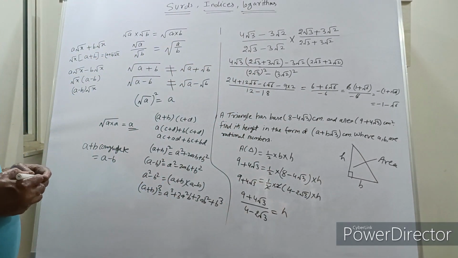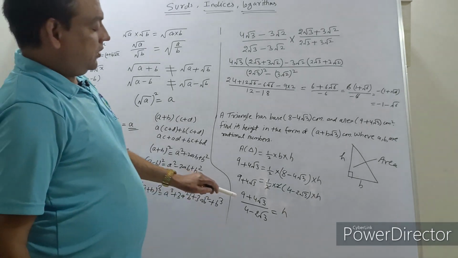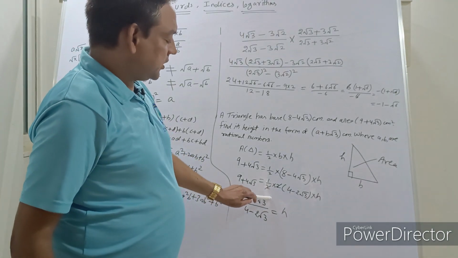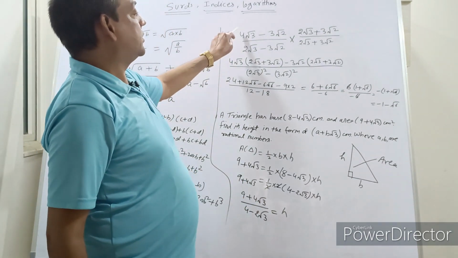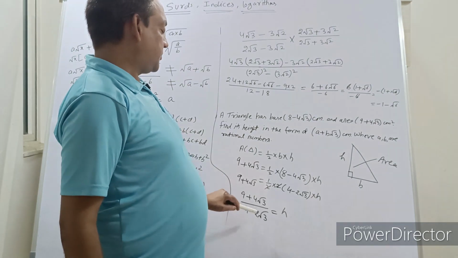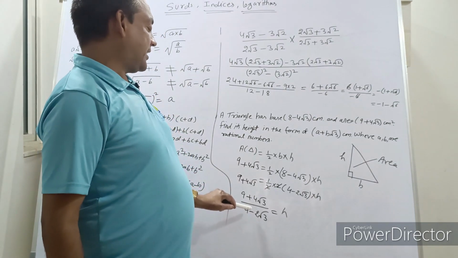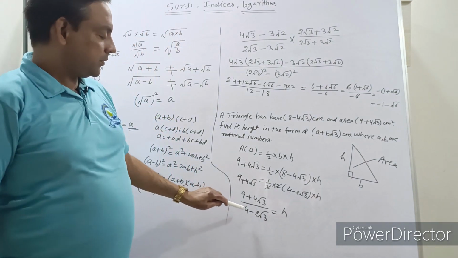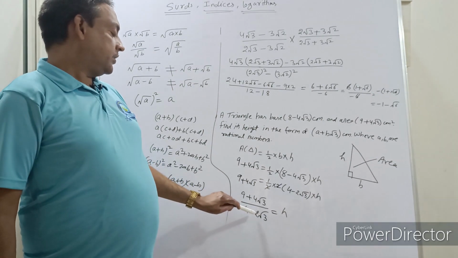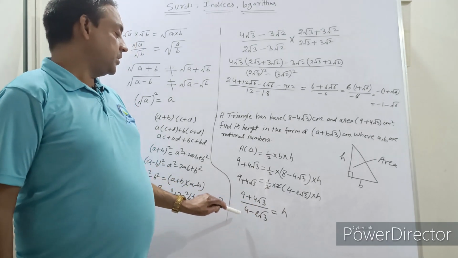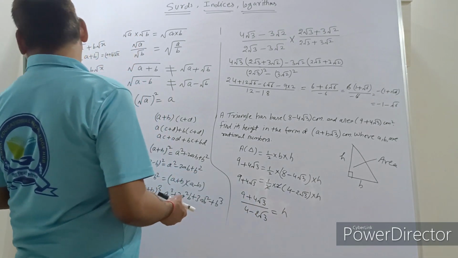Simple. That means we have to find out the height, but this is nothing but an irrational number. So like the same type of sum, we have to simplify by rationalizing the denominator. So whatever is given in the denominator, we multiply and divide by the conjugate of the denominator. So let's do here.